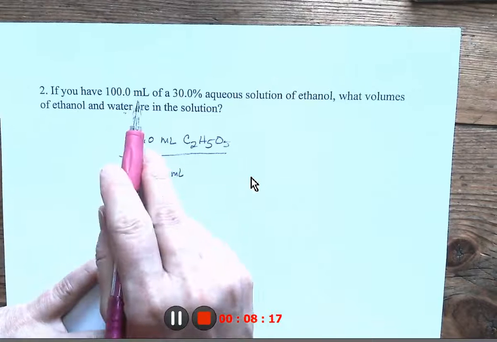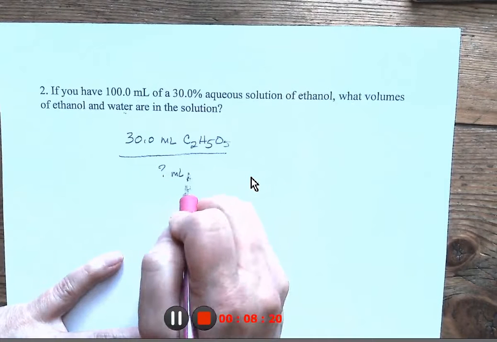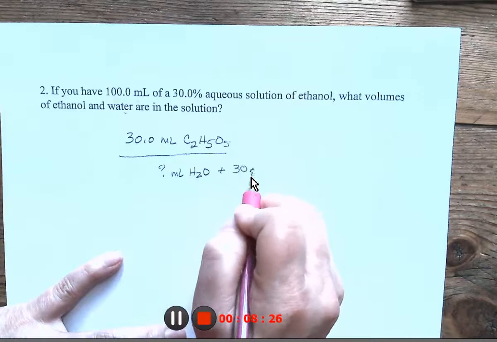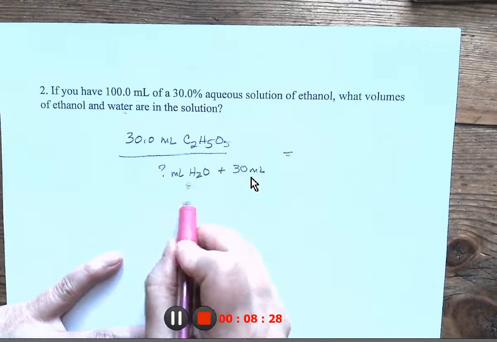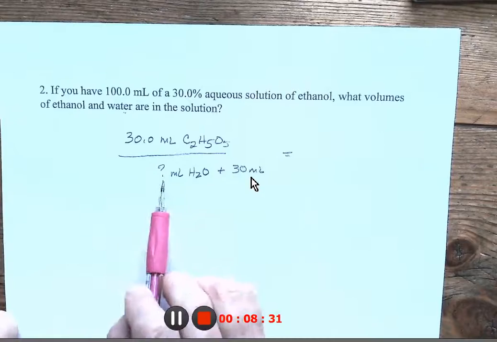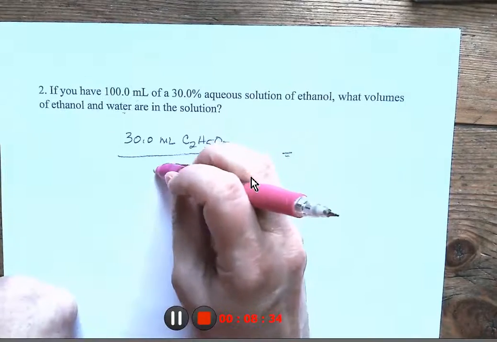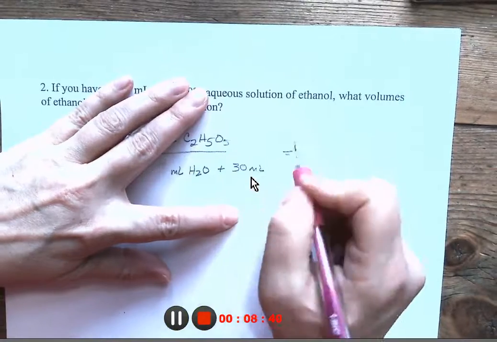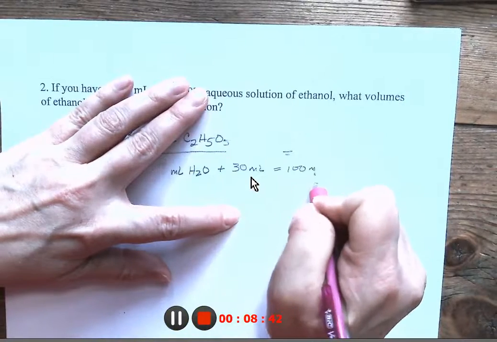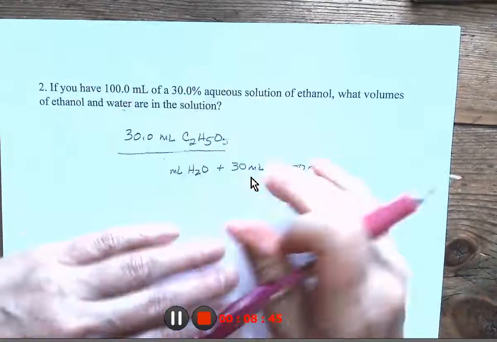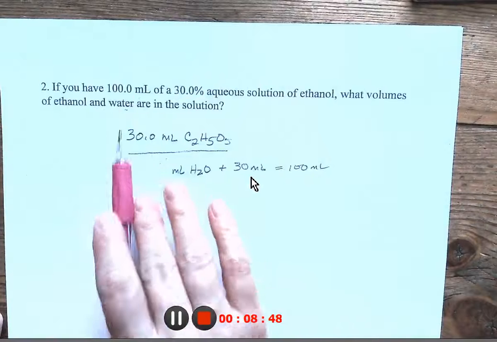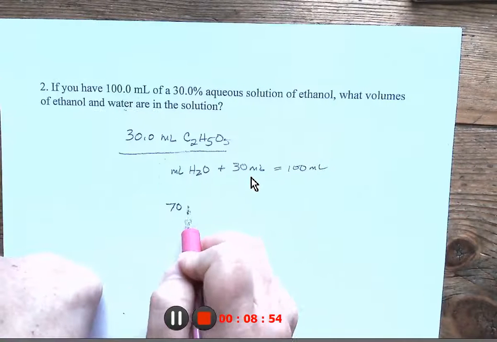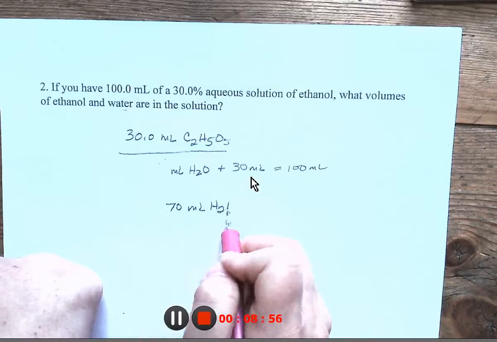We have 100 milliliters of solution, so 100 minus 30 gives you 70 milliliters of water.